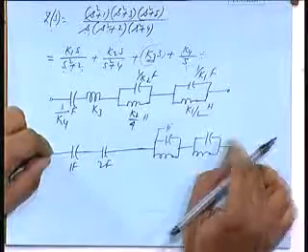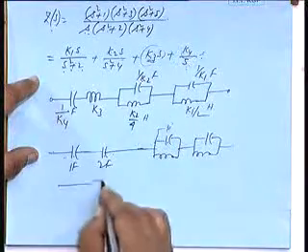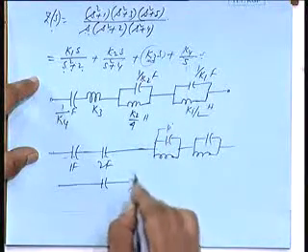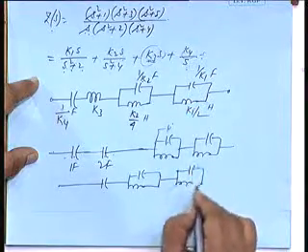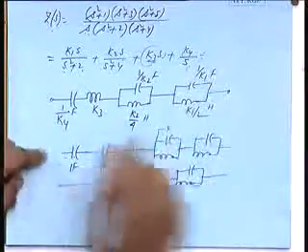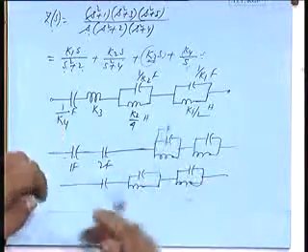Suppose this is 1 farad, this is 2 farads and so on, you find out ZS, and again from there if you try to realize, you will be able to get a function like this. That means I can realize the same network function that you are giving me by a smaller number of elements. So that was not a canonic form.